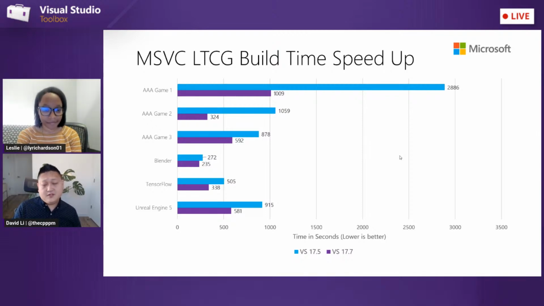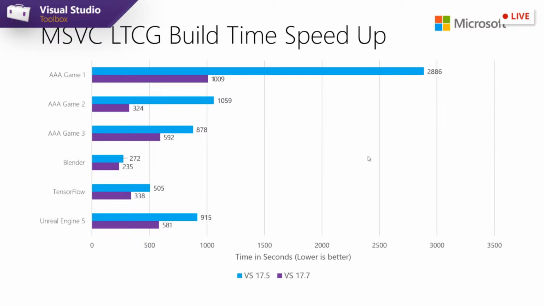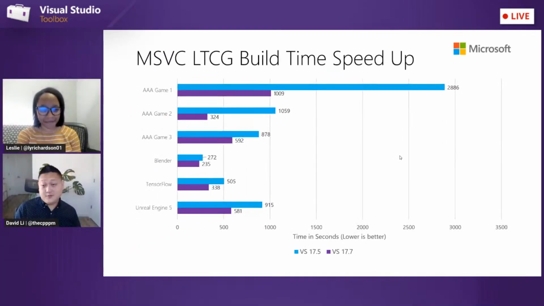This is specifically for MSVC, our compiler, and link time code generation. As you can see here, with some anonymized AAA games, though I can assure you some of them are out there that probably a lot of the audience play, for AAA game one, we have taken it from almost 3,000 seconds down to 1,000.